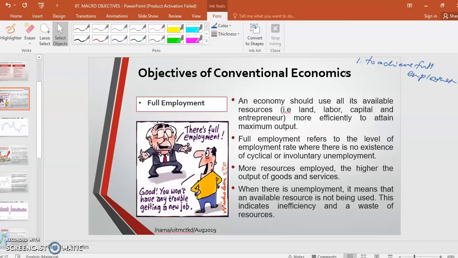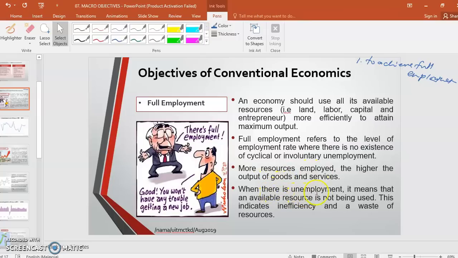Maksudnya each country akan gunakan all the resources like land, labor, capital and entrepreneur more efficiently to attain maximum output. Full employment refers to the level of employment where there is no existence of cyclical or involuntary unemployment. The more resources employed, the higher the output of goods and services.